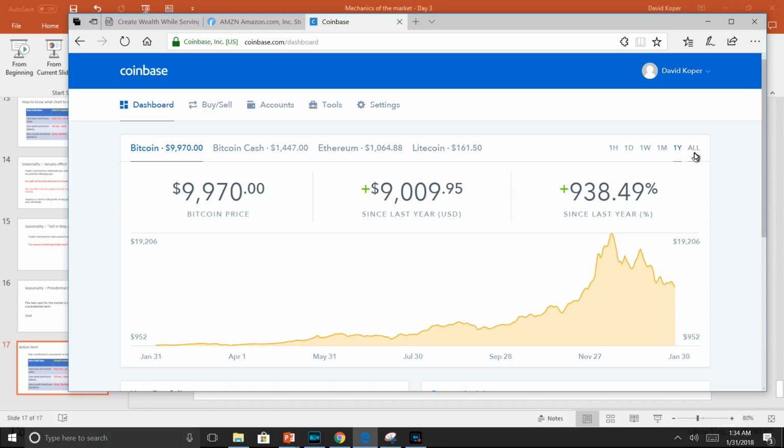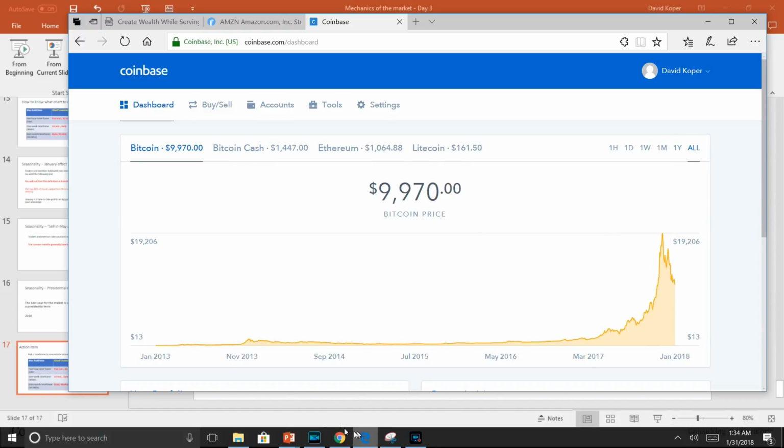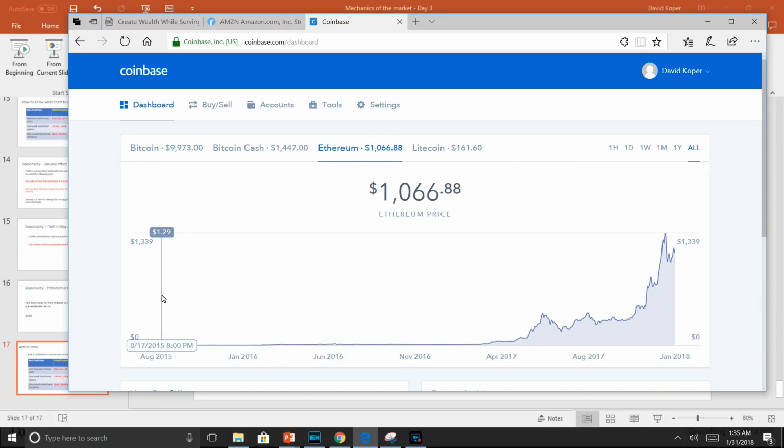That's the range for the year. And then there's the entire price history back to January of 2013 when Bitcoin was $14. And then, same thing with the other currencies.